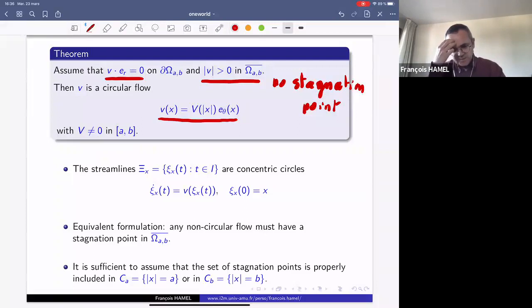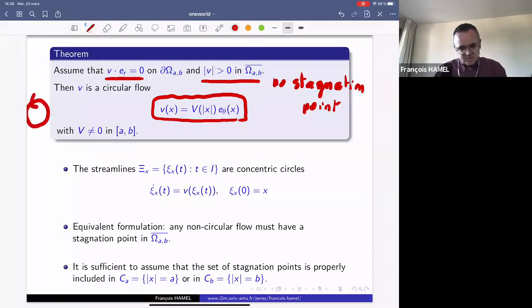So v can be written as a function capital V of the norm of x times the vector E theta. Furthermore, from the assumption in the theorem, the function capital V is non-zero. It has a constant sign in the closed interval AB.